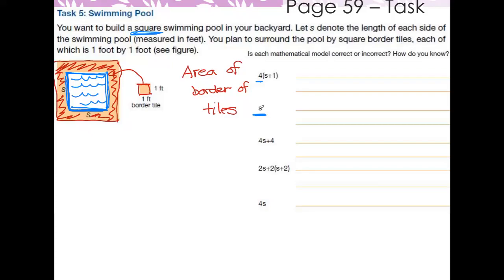And what does that square represent? The pool. So is that going to be the area of the tiles? No. So this is incorrect, because s squared is equal to the area of the pool, of the water, right? Okay. So this is the water in blue.